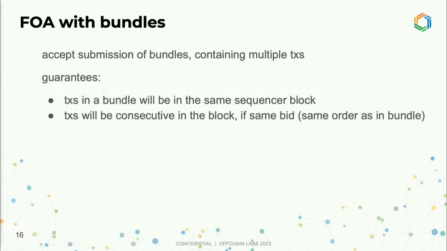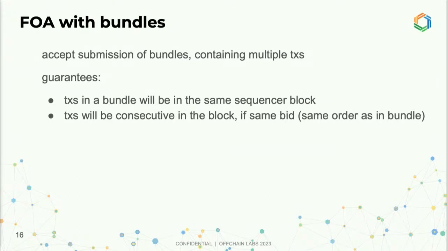I should note that in our model, there's effectively no limit to the size of a sequencer block, and so nobody's going to get crowded out because there's not space. So we'll guarantee that the transactions in a bundle will be in the same sequencer block, and transactions in the same bundle that have the same bid will be consecutive in the sequence and will be in the same order as in the bundle.